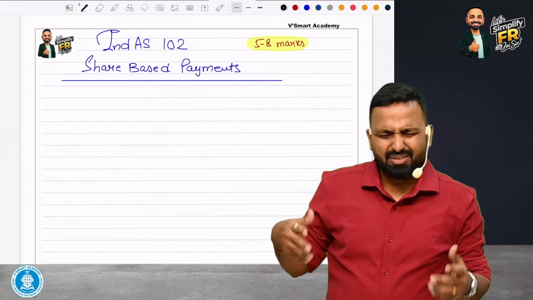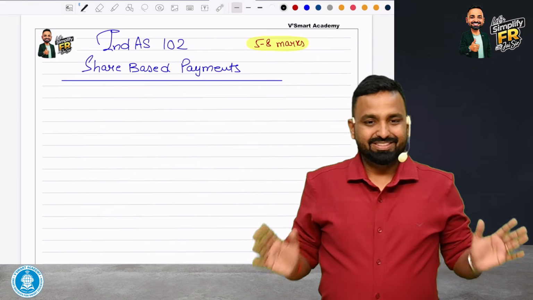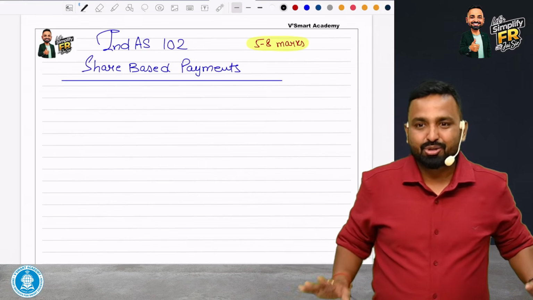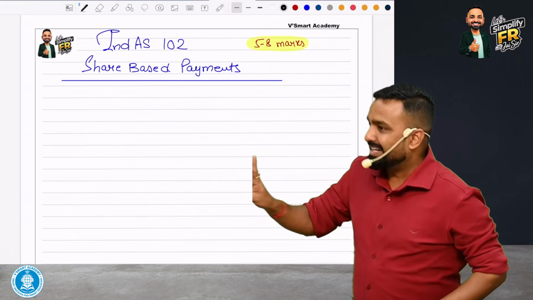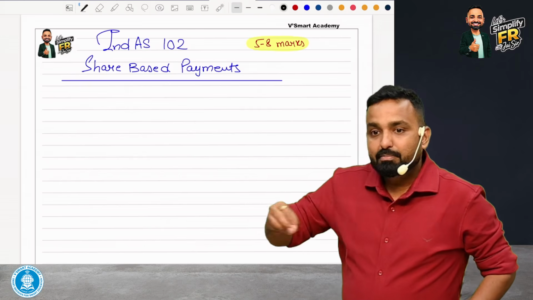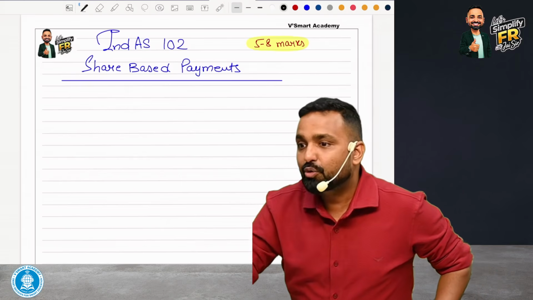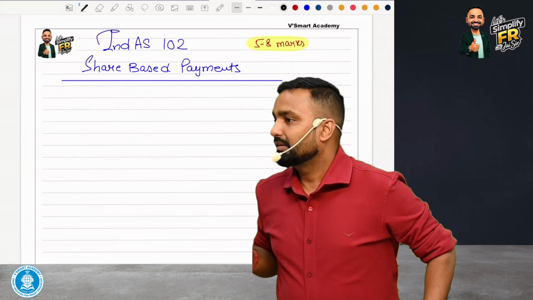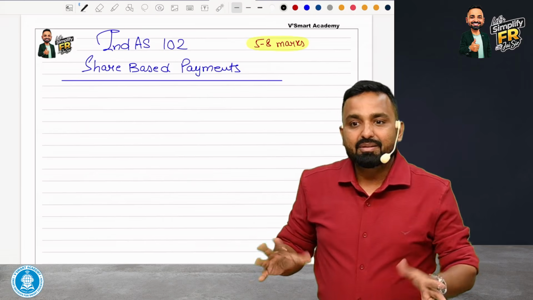Second exception, and a very logical exception. I told you that this Ind AS covers all sort of share-based payments, except making payment in the form of shares against acquisition of any business: holding, subsidiary, amalgamations.